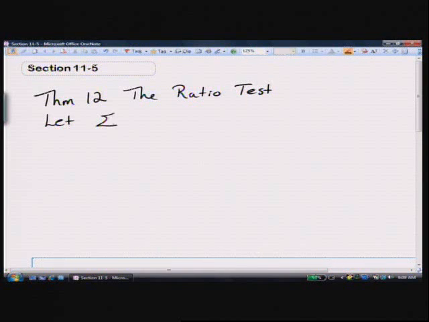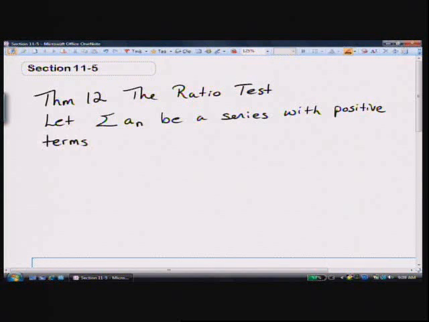And so if you have a series, a sub n, with positive terms, consider the limit as n goes to infinity of a sub n plus 1 over a sub n.